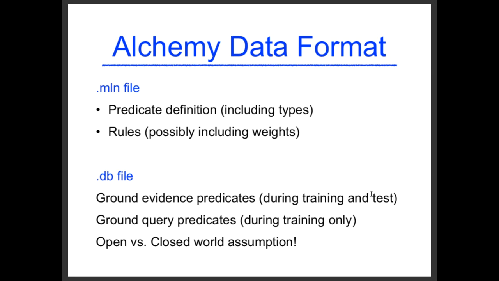Okay, and here we have to make the distinction between open and closed world assumption. What does it mean? Closed world assumption, and I don't know if all of you are familiar with that, but it's better to say that again. If a predicate is closed world, it means that you only need to write down the true facts.